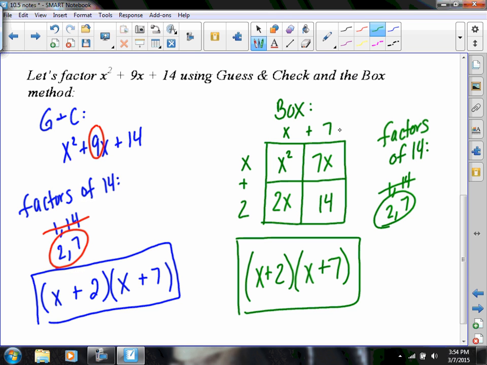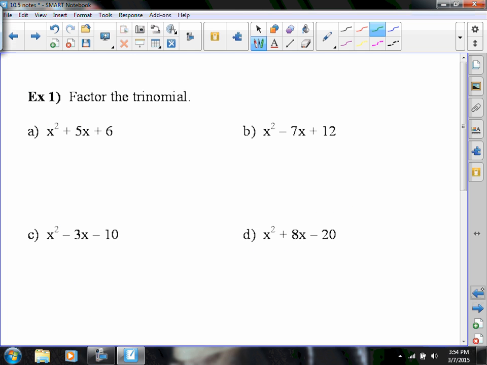Or if we have bigger numbers, instead of needing the factors of 14, if you needed the factors of 350, the box method can be much more helpful for that than the guess and check. But they get you the same answer. So you can do whichever method you prefer.